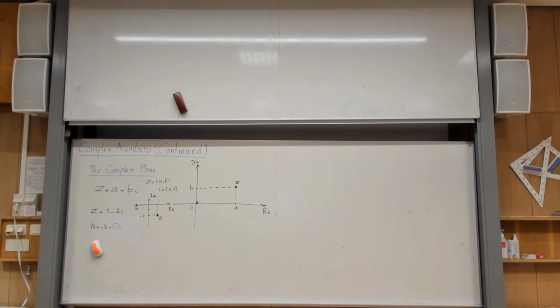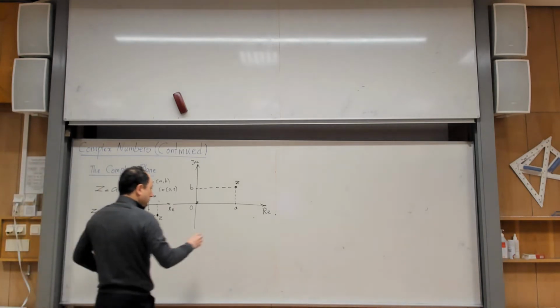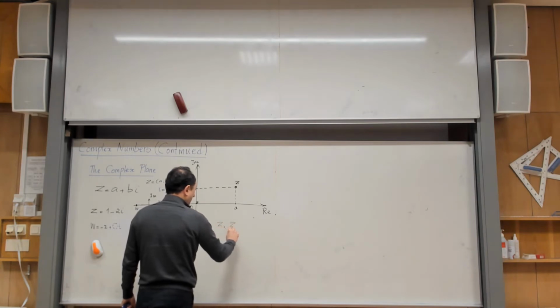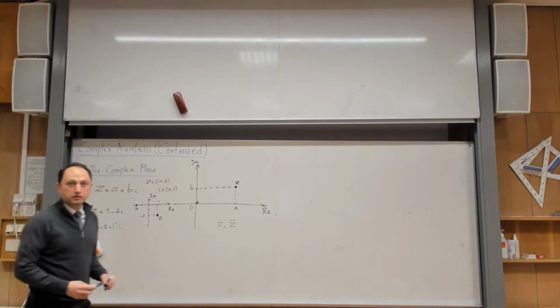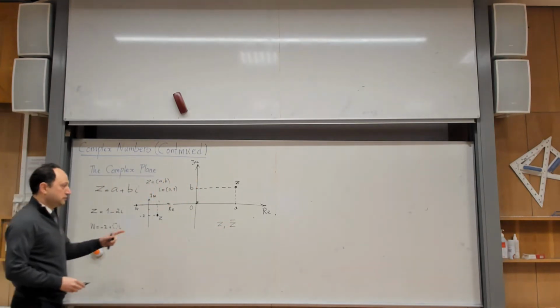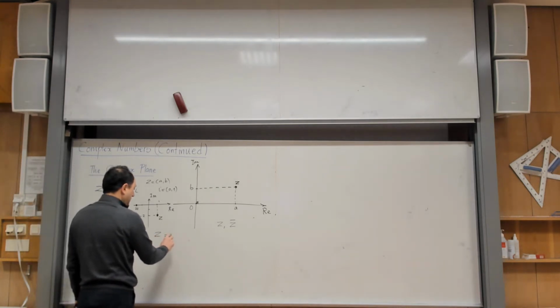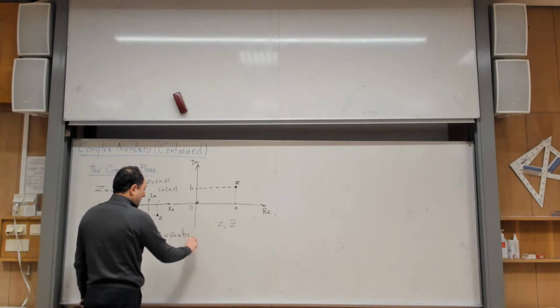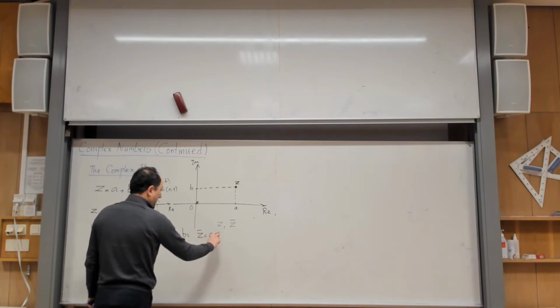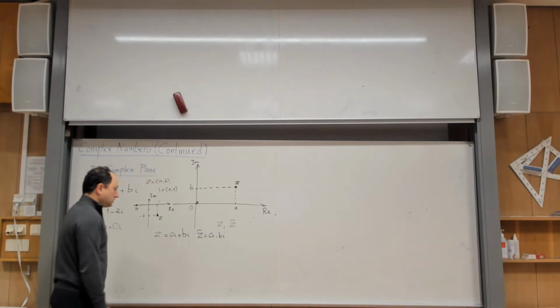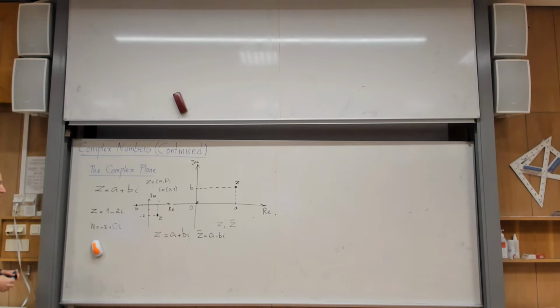One question, for example: can you tell me how z and z bar are related on the complex plane? Do you remember what z bar was? If I give you z, a plus bi, then z bar will be a minus bi. So how are they related on the complex plane?